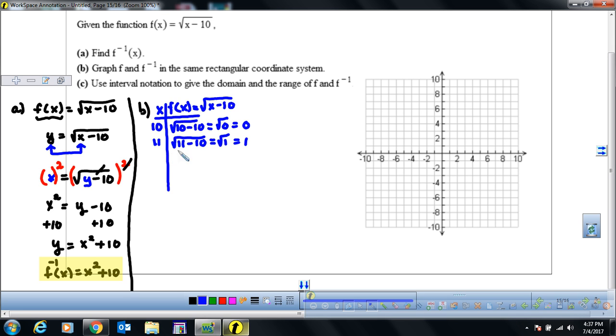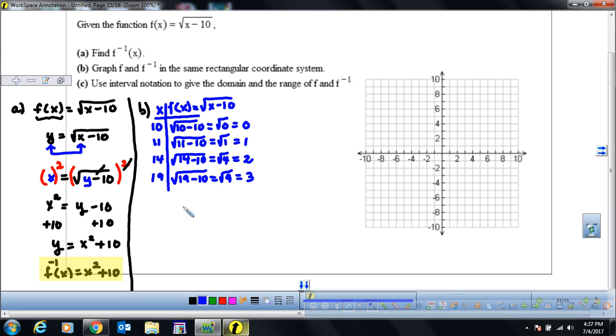What does x have to be so that when I subtract 10, it gives me the next perfect square, which is 4? 14. So if I substitute it, that's going to be 14 minus 10, which is 4, and the square root of 4 is going to be 2. And the last perfect square would be 9, so I need to substitute a 19 so that when I subtract 10 from it, it's going to give me the square root of 9, and that is going to give us a 3.